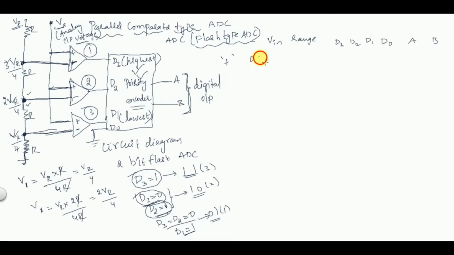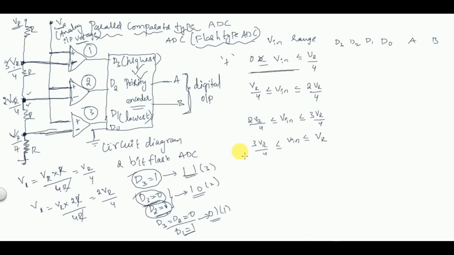The ranges are: 0 less than Vin less than or equal to VR by 4; VR by 4 less than Vin less than or equal to 2VR by 4; 2VR by 4 less than Vin less than or equal to 3VR by 4; and 3VR by 4 less than Vin less than or equal to VR.